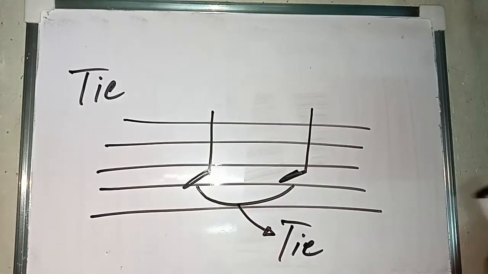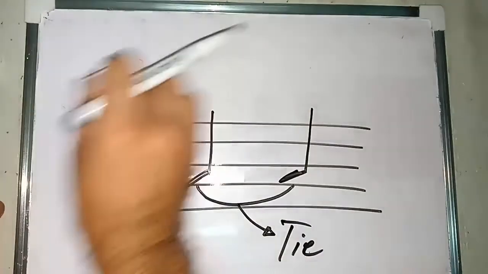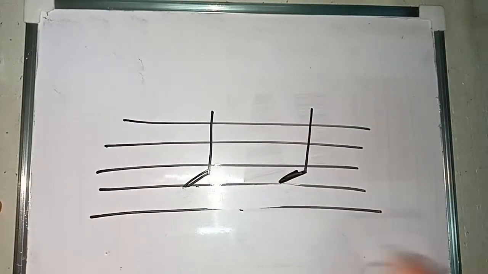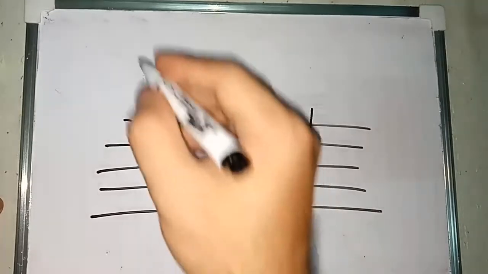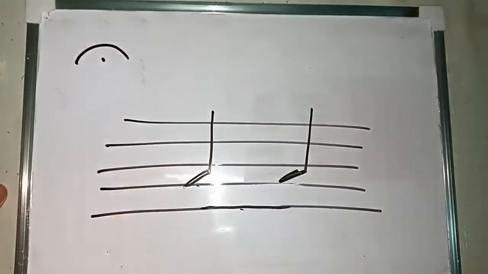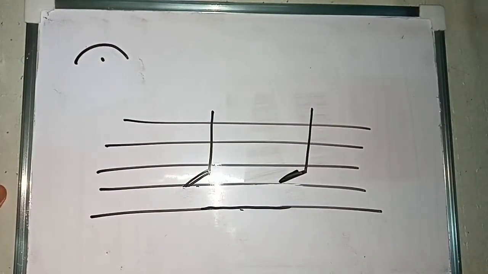Another one is the fermata. When placed above or below the note, it indicates that the note is held longer than the indicated time value.